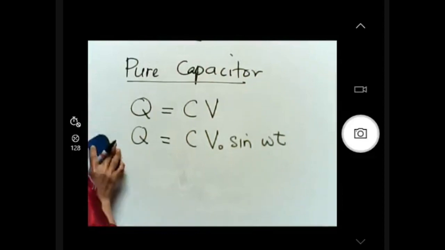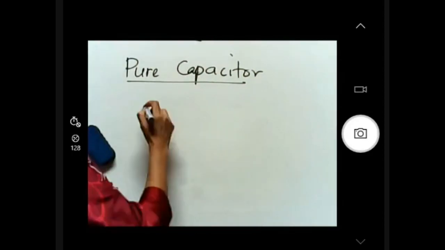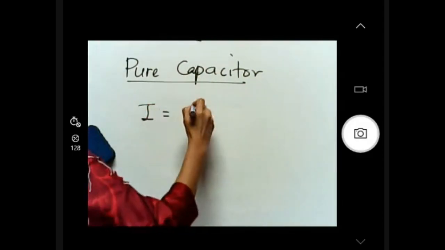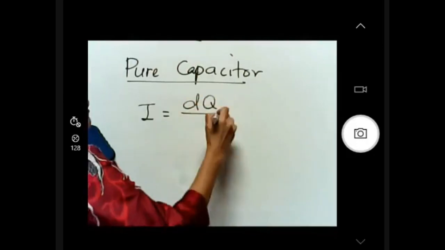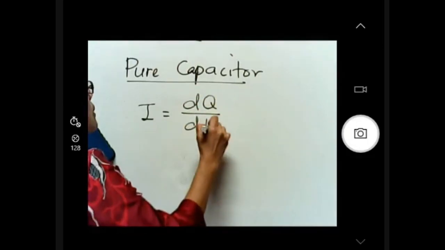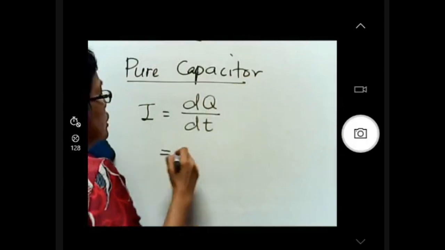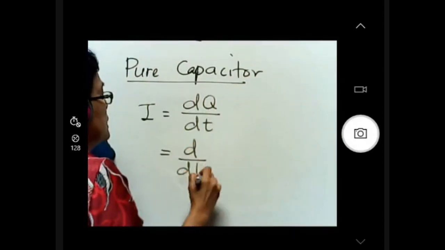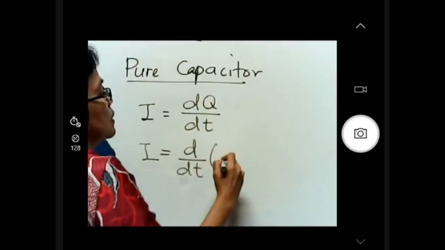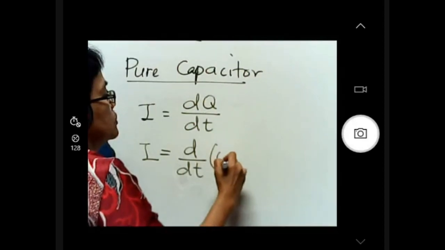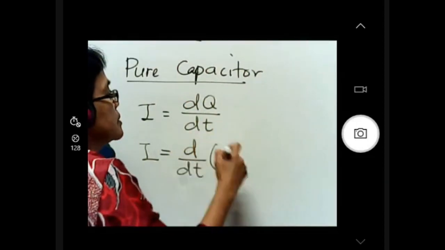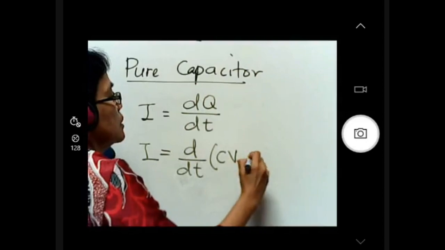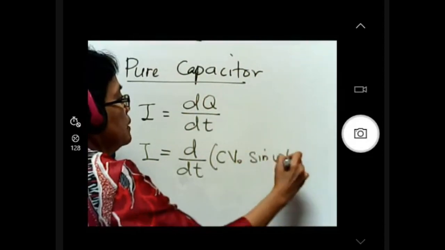Since current is the rate of change of charge flow in the circuit, I equals dQ over dt, meaning our Q is C V naught sine omega t.